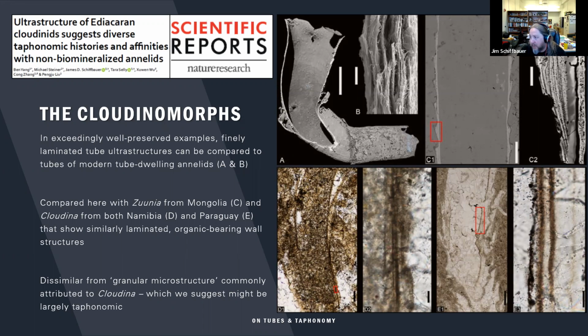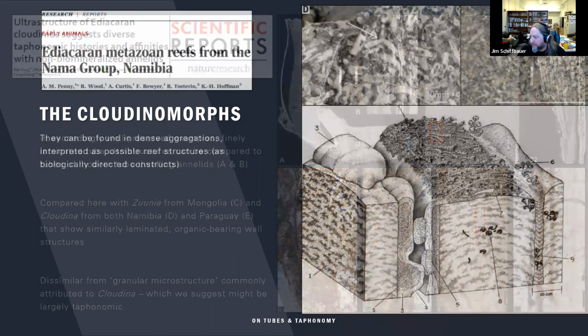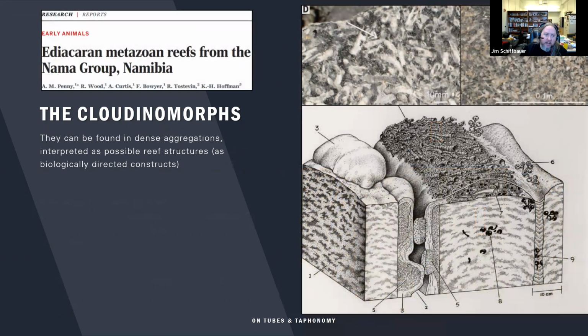And we found the same thing in these exceptionally well-preserved examples, that there are occasions where we have organic laminae within the tube wall, which is a little bit different than the granular microstructure or the calcification that we commonly see in many of the other examples, where I think taphonomy plays an important role in how those appear.